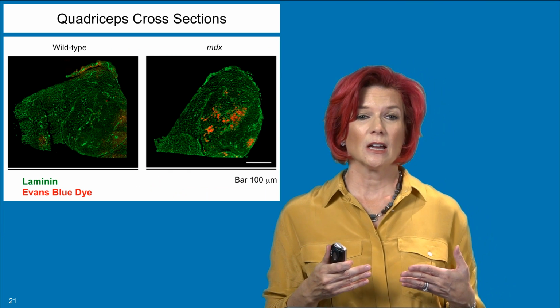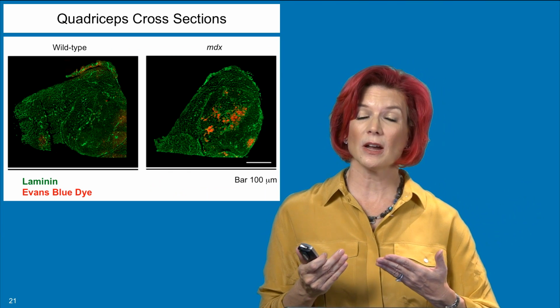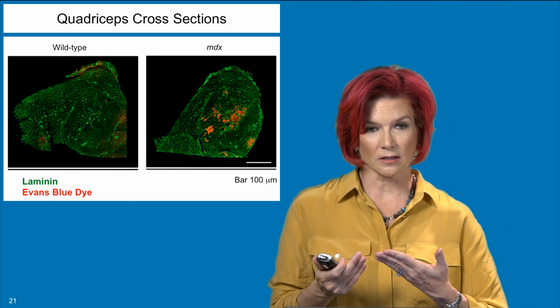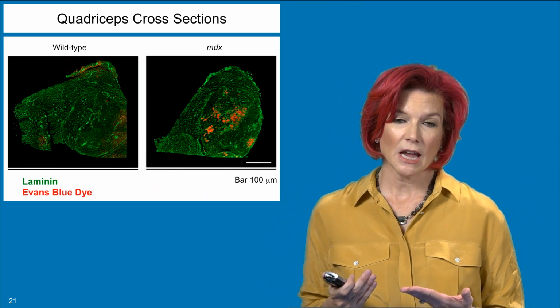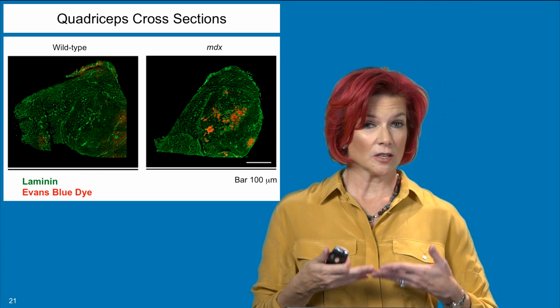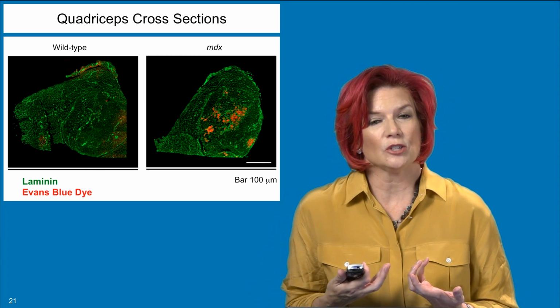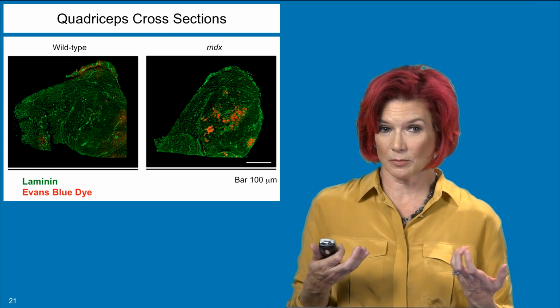If we were to look at the sections under a microscope, we'll see something like this. These sections are stained with laminin using an antibody, and the Evans blue dye is fluorescent, so we don't really need to use any stain to visualize the Evans blue dye.